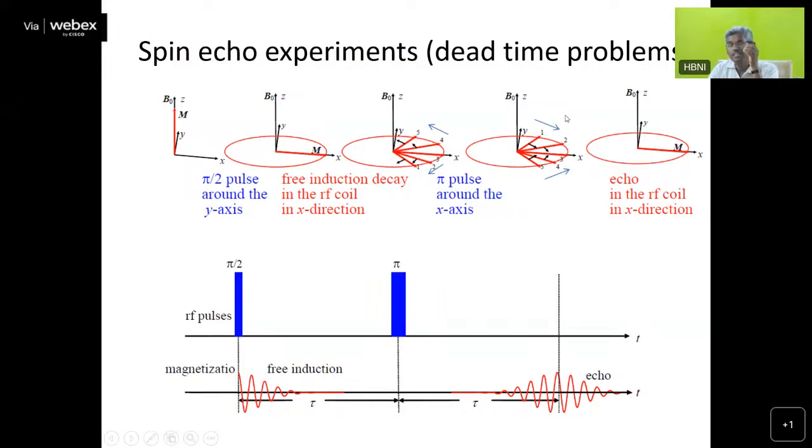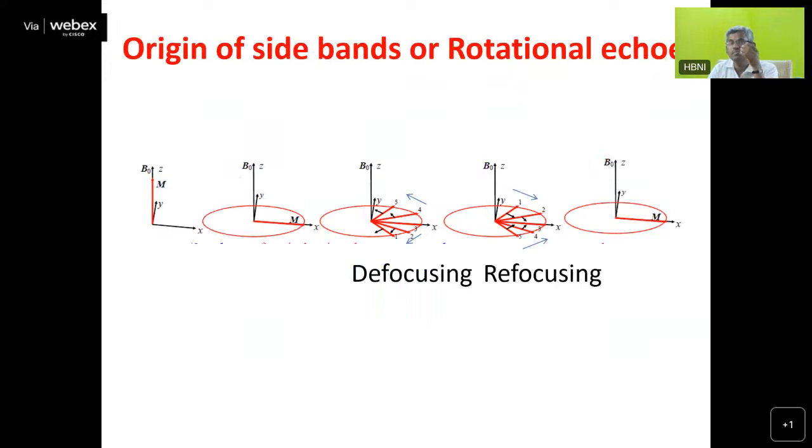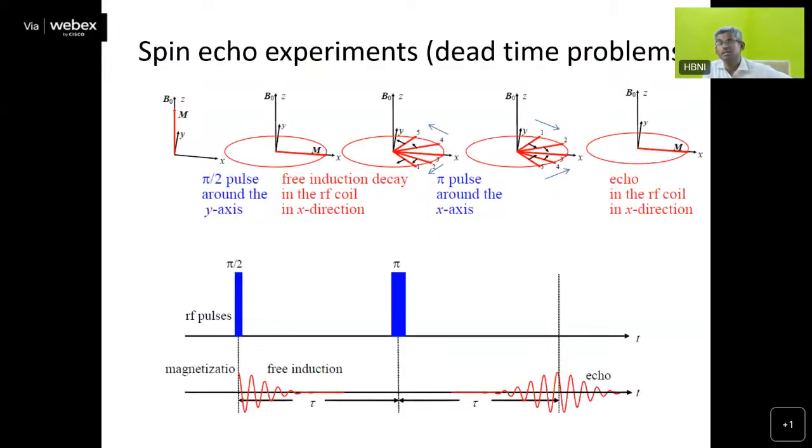We will discuss this a little bit later, but this is somewhat similar, this rotational echo. This echo is coming because of the rotation, so we call it a rotational echo, and the rotational echo is responsible for the origin of sidebands in MAS NMR. Hope this is very clear to everybody. If anybody has doubts, please mail me, we can discuss. This is an important aspect in MAS NMR.